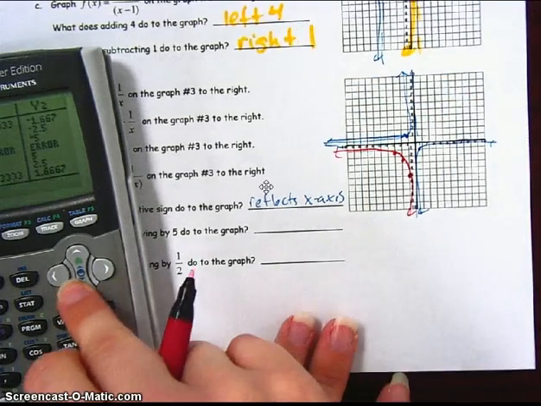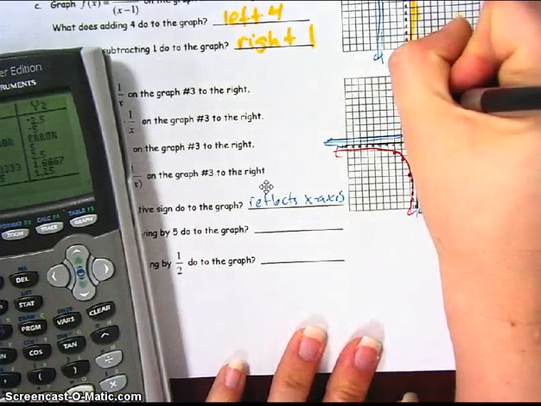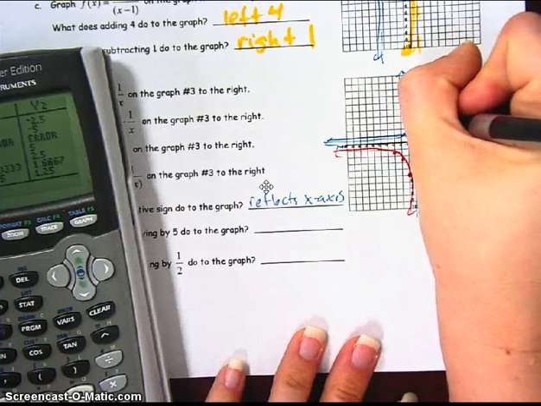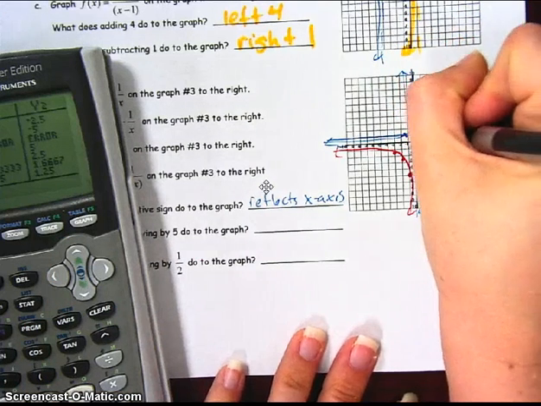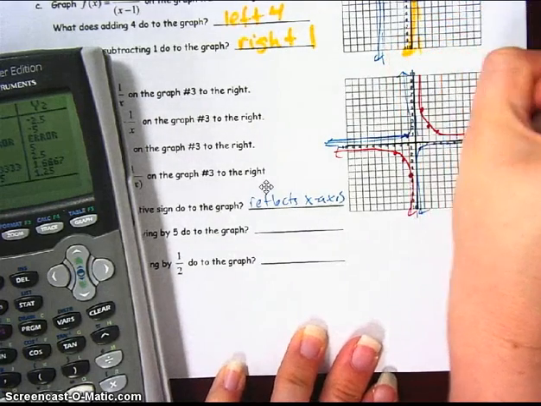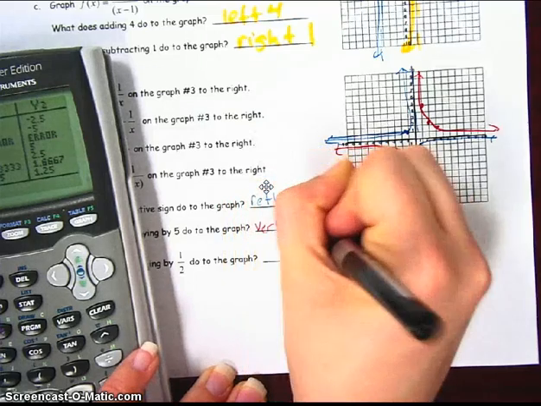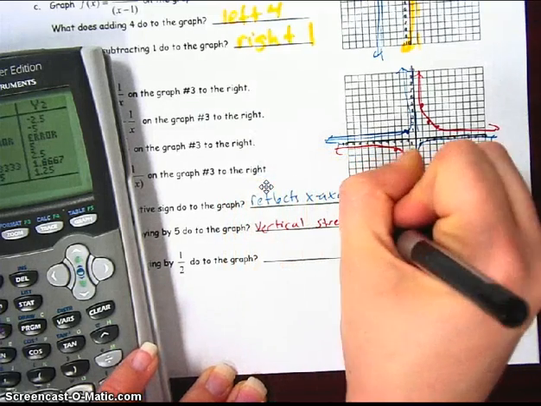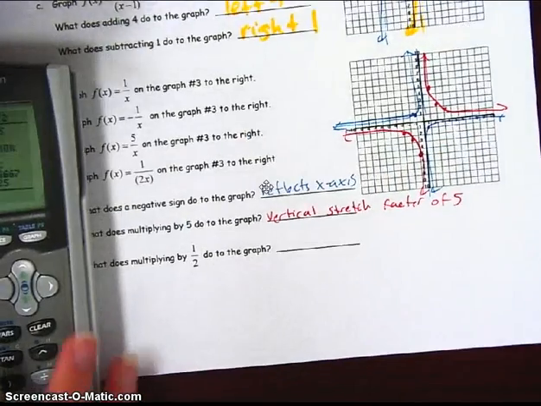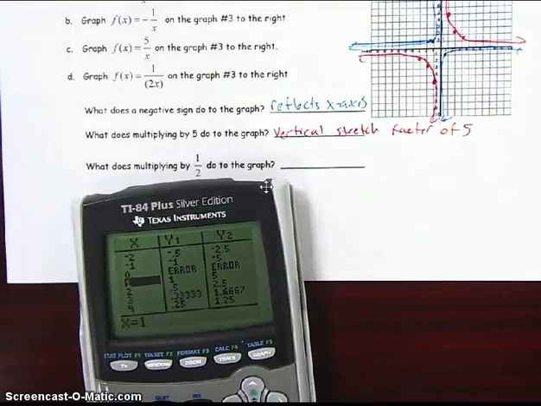Okay, and so then on the other side, we'll have the same idea. We've got 1, 5, 2, 2.5, 3, 1 2/3, and then it continues on from there. Okay, so this would be a vertical stretch factor of 5.